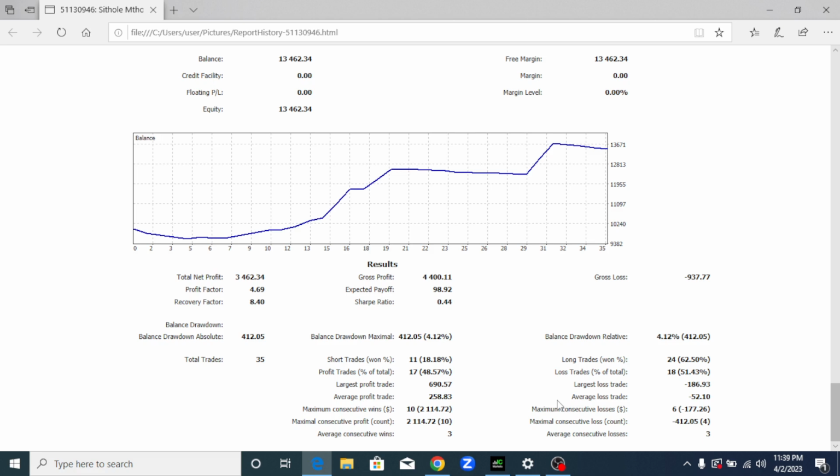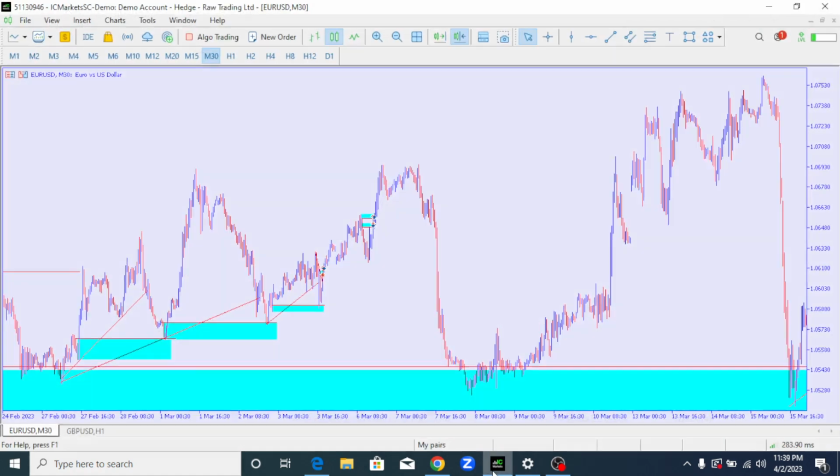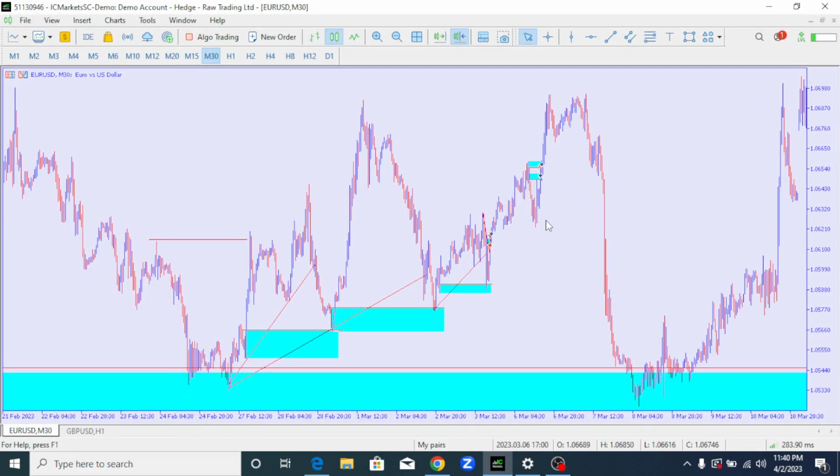But I'm going to go through some trades that were actually not necessary. So guys, let's get to the charts. I'll start with these two. There's actually 4, the 2 here and the 2 here.